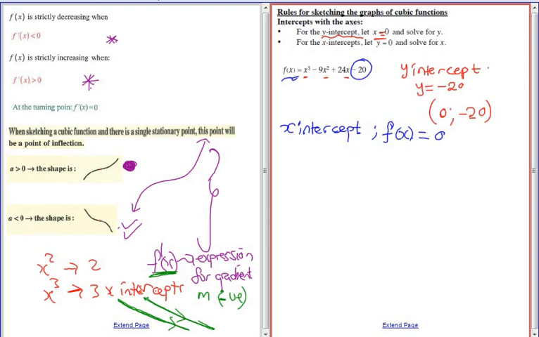So what I want you to do is to have this function right here, x cubed minus 9x squared plus 24x and then minus 20. To factorize it, if you check your polynomial lesson video, it will be right there somewhere.